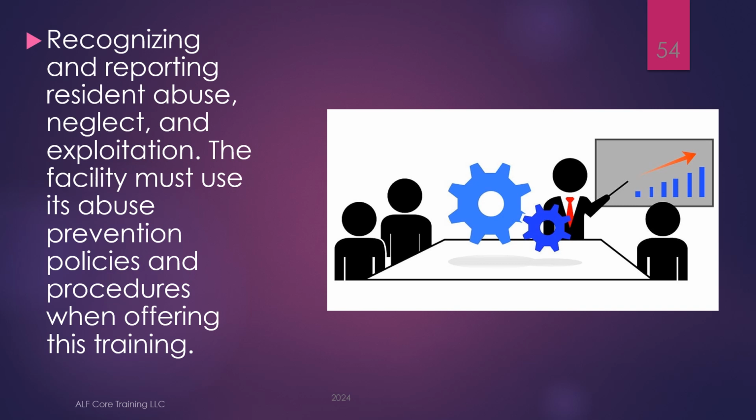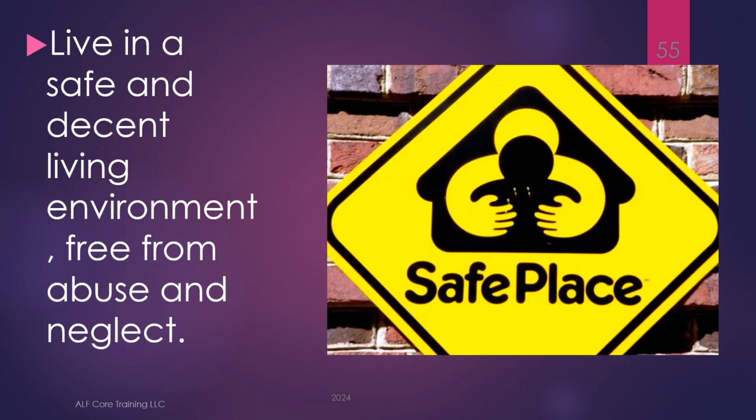Recognizing and reporting residents' abuse, neglect, and exploitation. The facility must use its abuse prevention policies and procedures when offering this training. Residents have the right to live in a safe and decent living environment, free from abuse and neglect.